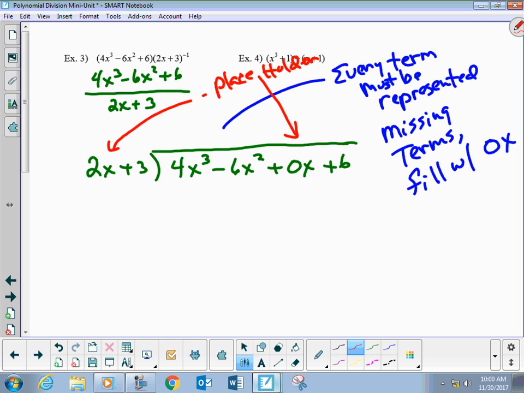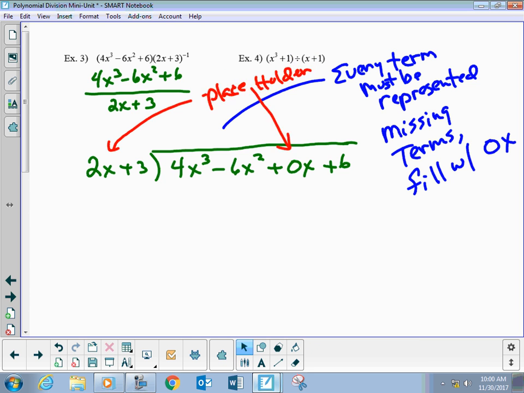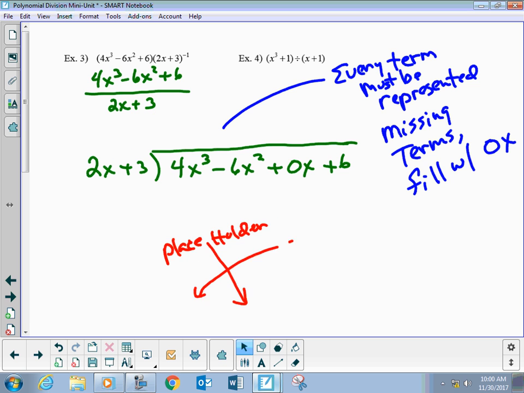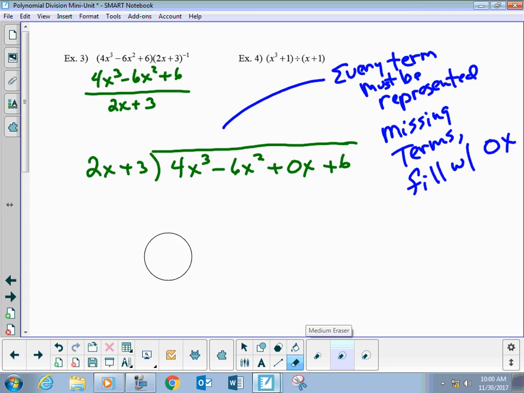If there's a term missing here, put a placeholder in it. You can add placeholders in both locations. Adding the placeholders makes everything line up beautifully. They're not required, but you will find that you will get more correct answers by doing placeholders because everything ends up in the correct location.